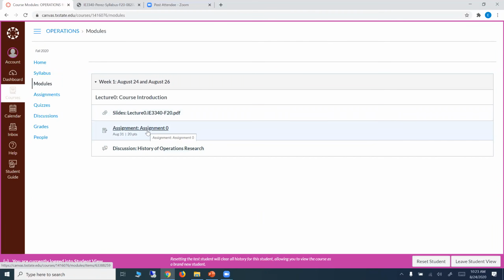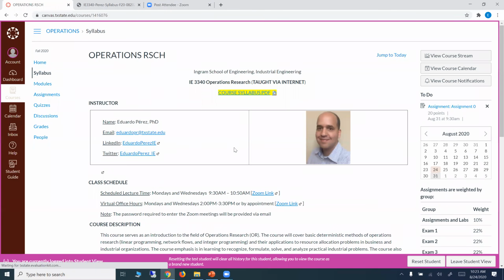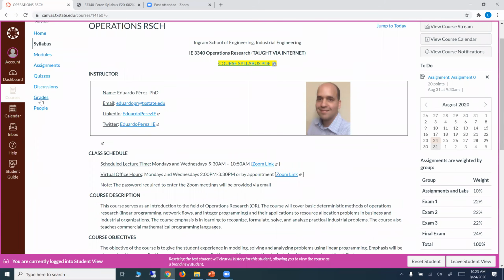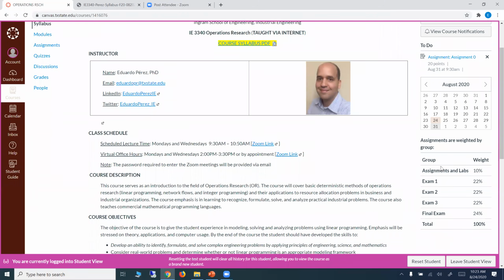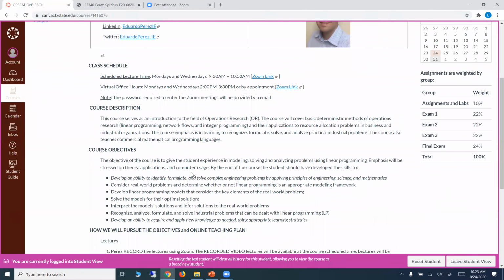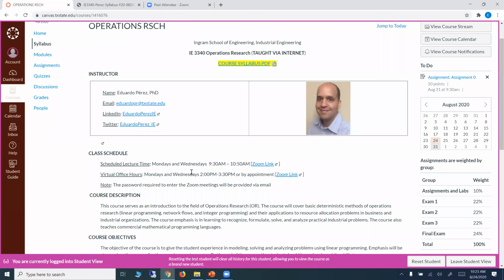If you click here, you will go to the assignment. And if you click here, you'll go to the discussion. If we click back to home, we go back to the syllabus. I'm going to be keeping the grades here, and then you have the assignment grades, the weight per group. So we're going to discuss this in a minute. But this is how we're going to manage everything from here.